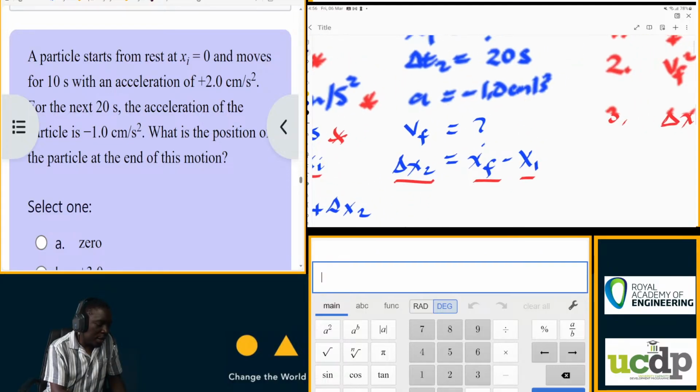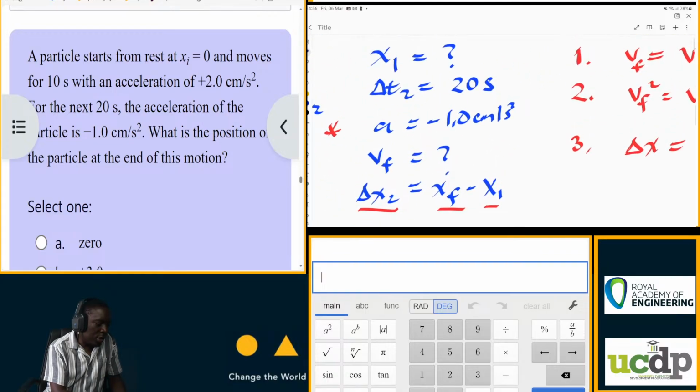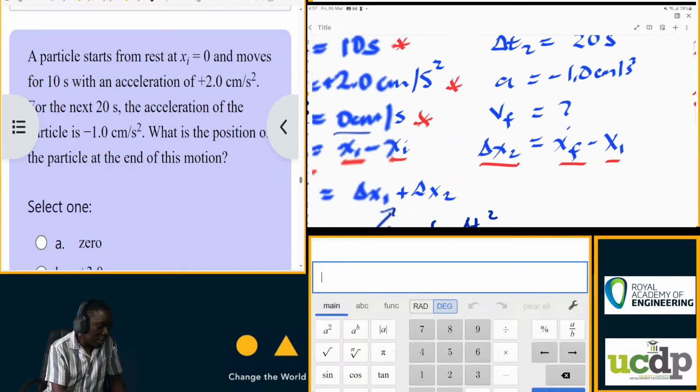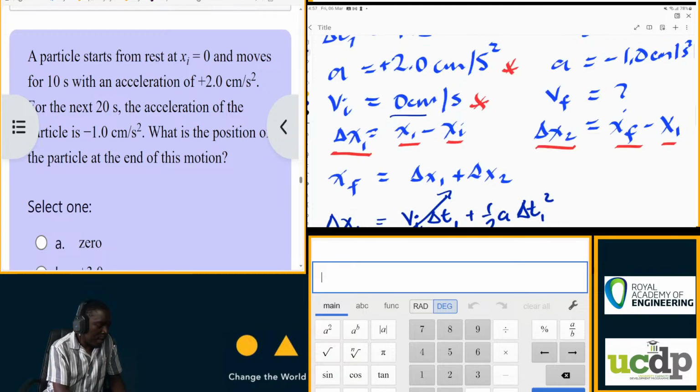So now we find x2. With x2, what do we have? We have the time again, we have acceleration, but we don't have initial velocity. We don't have final velocity. We only know the position. So remember, delta x1 will be x1 minus x initial, where x initial is 0.